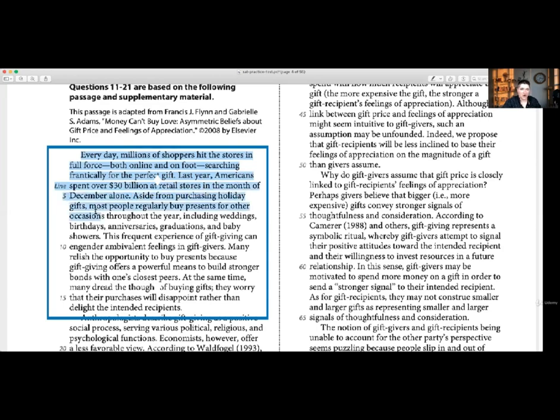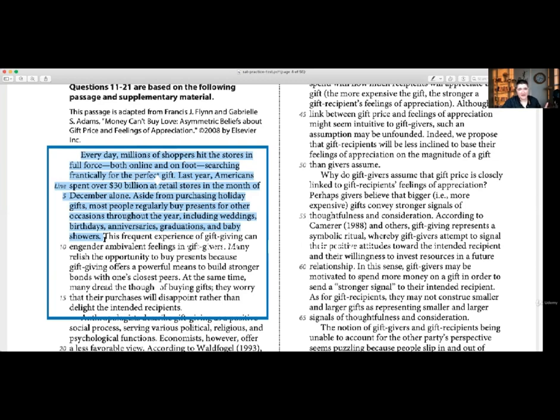Aside from purchasing holiday gifts, most people regularly buy presents for other occasions throughout the year, including weddings, birthdays, anniversaries, graduation, baby showers.